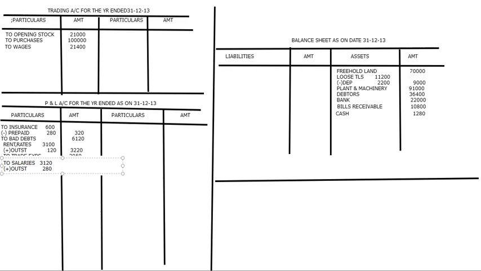So outer column it will be 3,400. Then he gave carriage inwards. Carriage inwards by default comes into the trading, I said. So that's why I'm taking carriage inwards in this one. To 700. And the last, discount comes here.